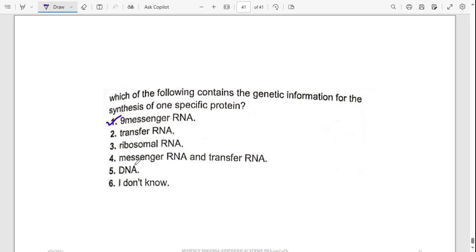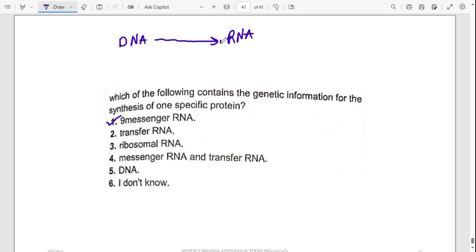DNA carries the genes. It carries actually all the information. This one stores the information. The carrier of information is the RNA. So the information is found in DNA. This information found in DNA will now be taken to RNA because RNA is a carrier.